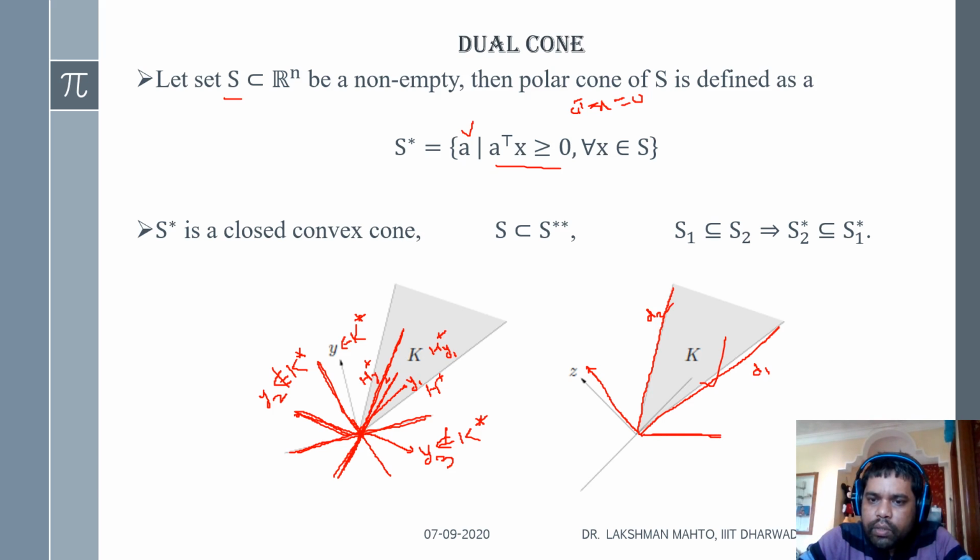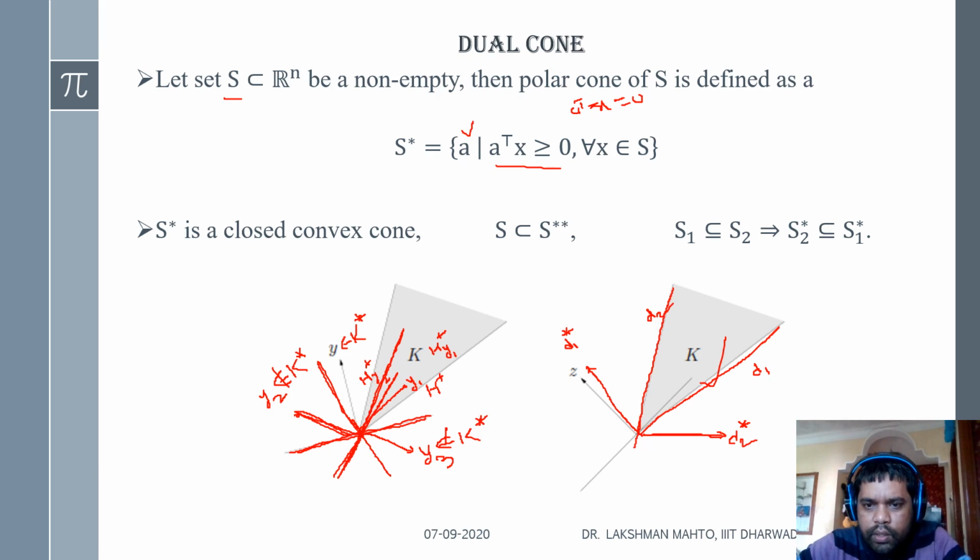Similarly, find the perpendicular to d2. So this is the perpendicular to d2. Now if you observe, this perpendicular to d1, that element we are calling d1 star. d1 star is perpendicular to extreme direction d1, and d2 star is perpendicular to extreme direction d2.